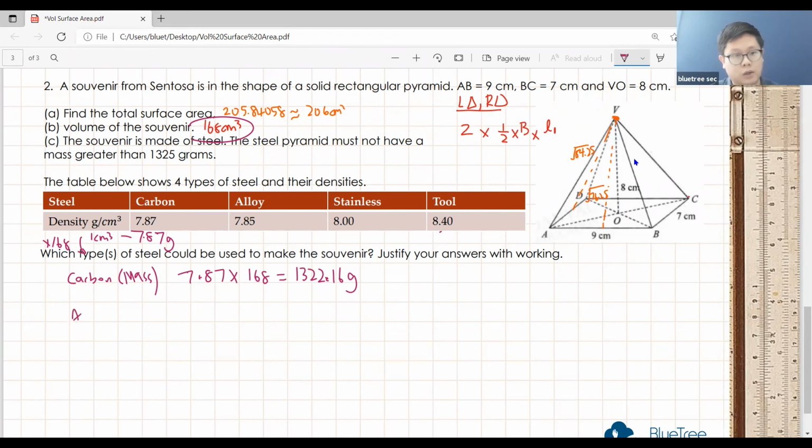And second one, let's try it for alloy also. Definitely, alloy density is less than carbon. So even if you don't do out the working, you would know that it's going to be acceptable as well. But because typically this kind of question, they are looking for the presentation steps to give you the method mark, you can't avoid that.